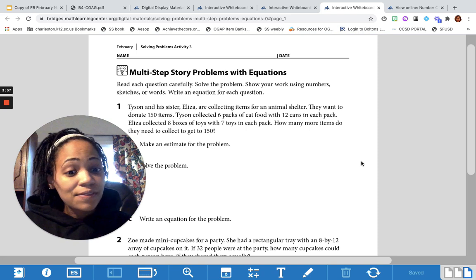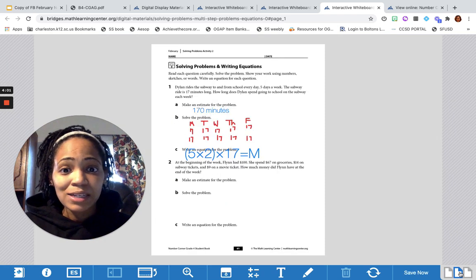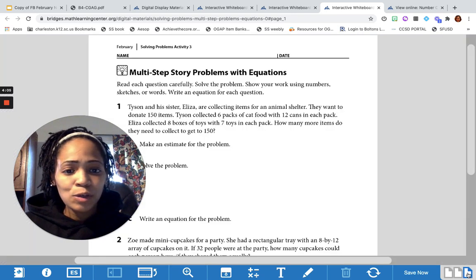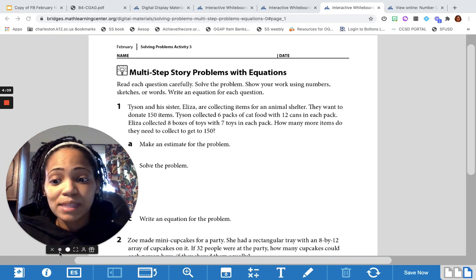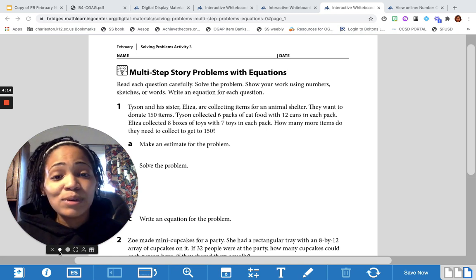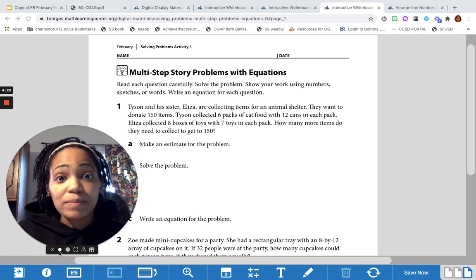So if you feel confident, if you were able to do our first activity and our second activity fairly easily, then you may be well on your way to being able to work out these problems independently without my help. So good luck, and I will see you tomorrow, and we'll talk about these problems another time, okay? We will be going over them, just not today.